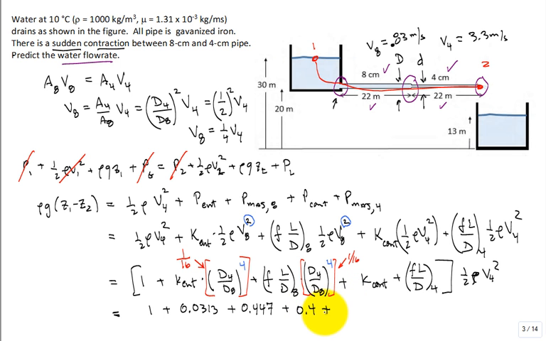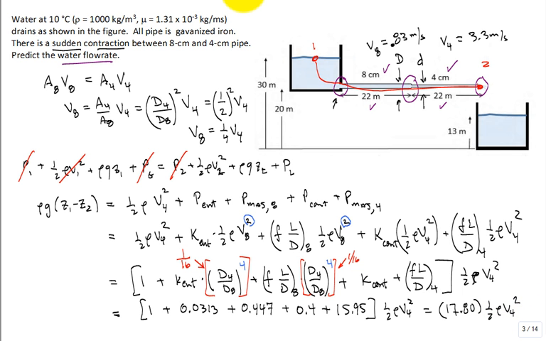And for the straight run of the 4 centimeter, that FL over D comes in at 15.95. All times 1/2 rho V4 squared. If you sum those up, it's 17.80 times 1/2 rho V4 squared.